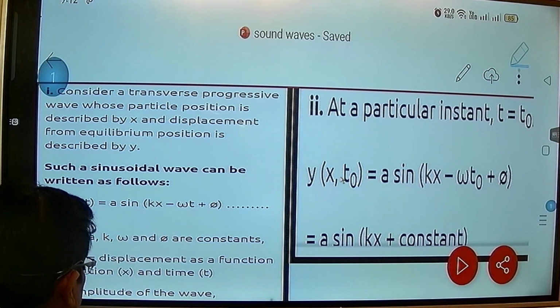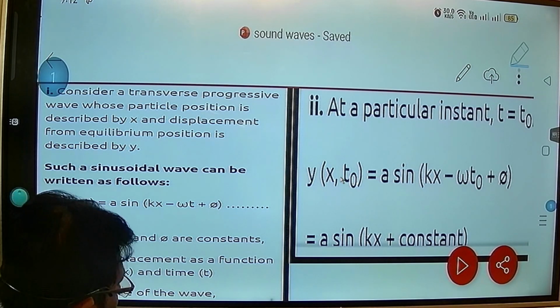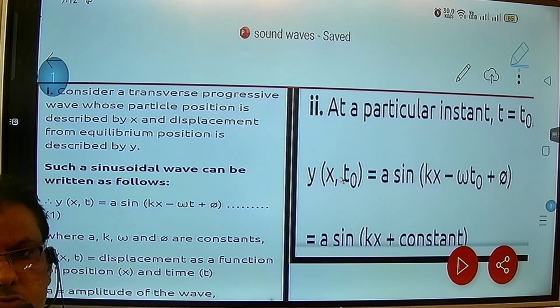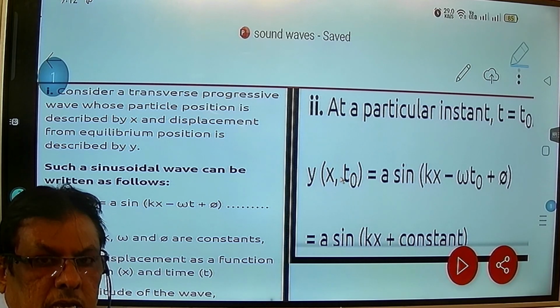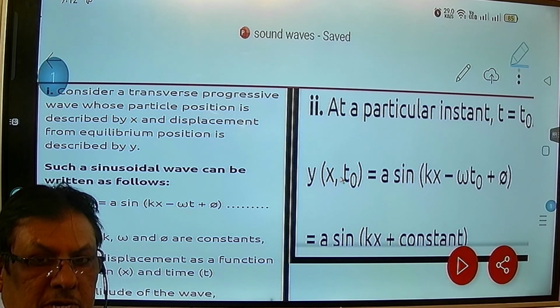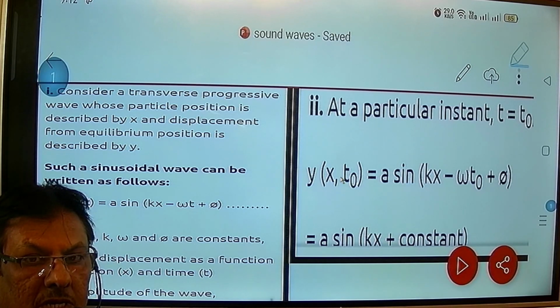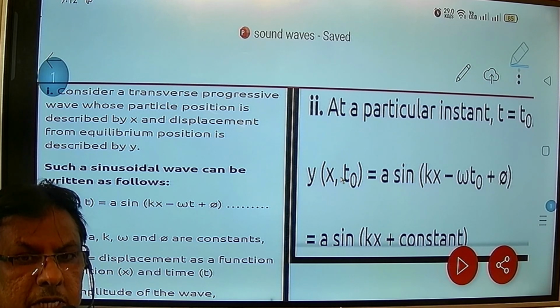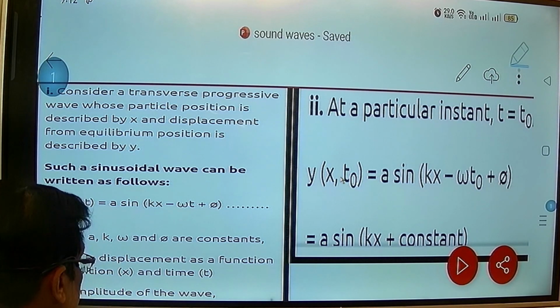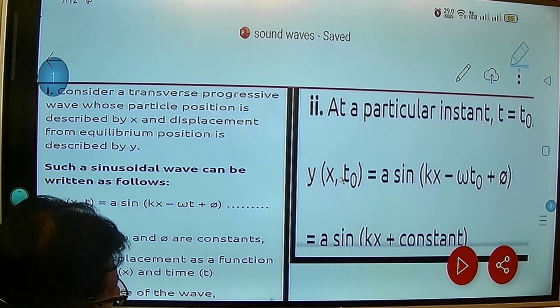So here we name A as the amplitude of the wave, because the amplitude does the job of vibrating about its mean position, and when it gets vibrated, it goes to the maximum point, that we call the amplitude of the wave.